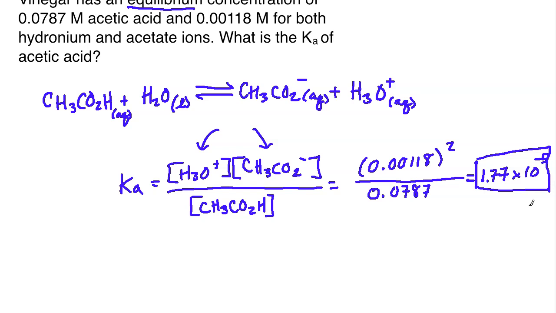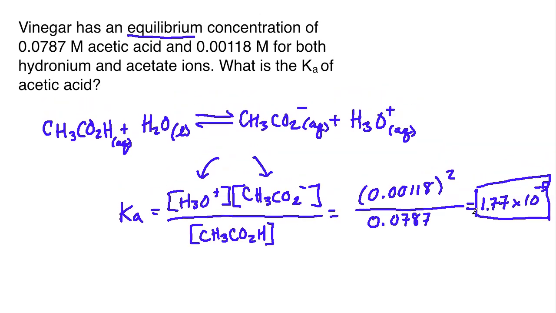Now, in the next lecture, we're going to start taking a look at some of the weak acids where we have an initial amount and then we want to solve for the concentrations at equilibrium. That is when you use the ice charts. So you've got to pay attention to the wording. It says vinegar has an equilibrium concentration. That means they're giving the concentrations at equilibrium here.